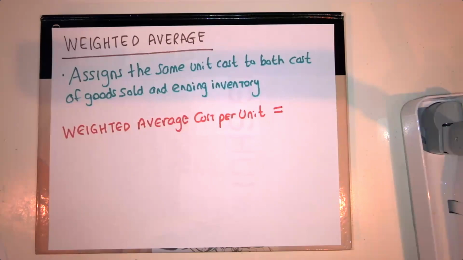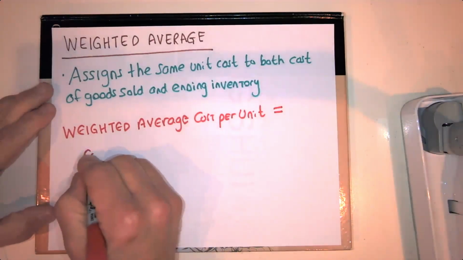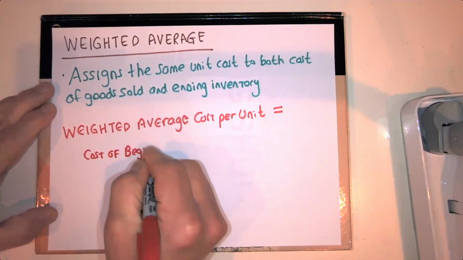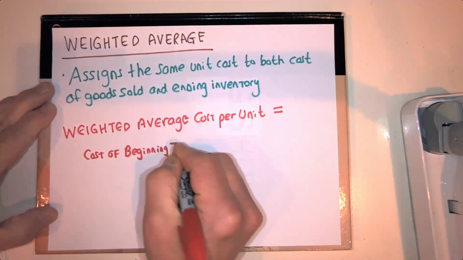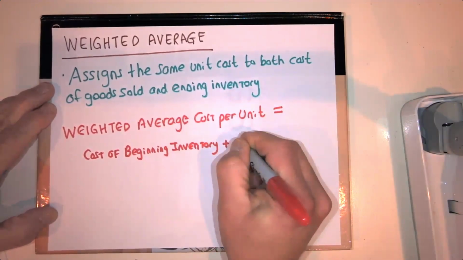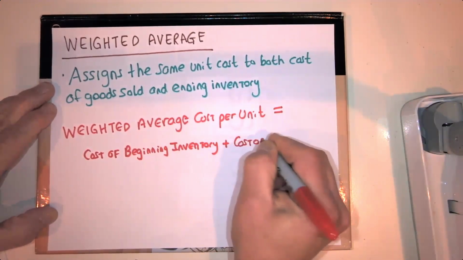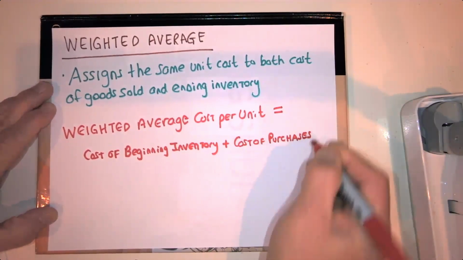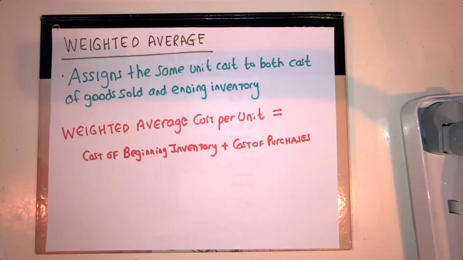You'll calculate it by taking your total inventory cost, which is the cost of your beginning inventory, and then we add to that the cost of our purchases.